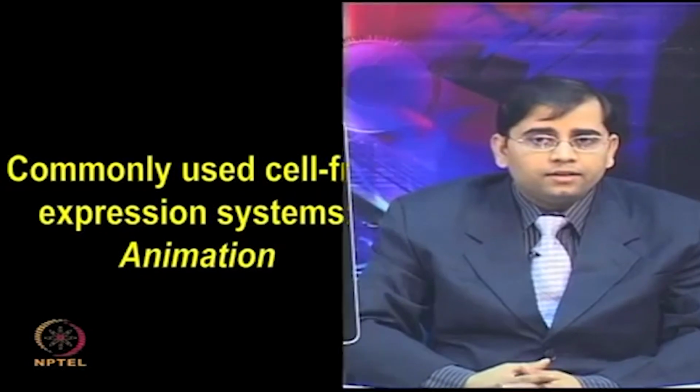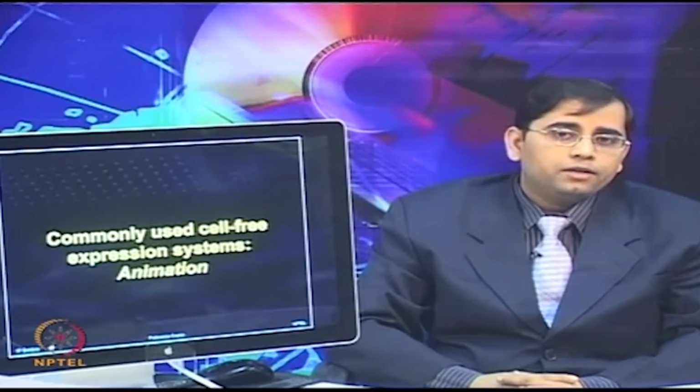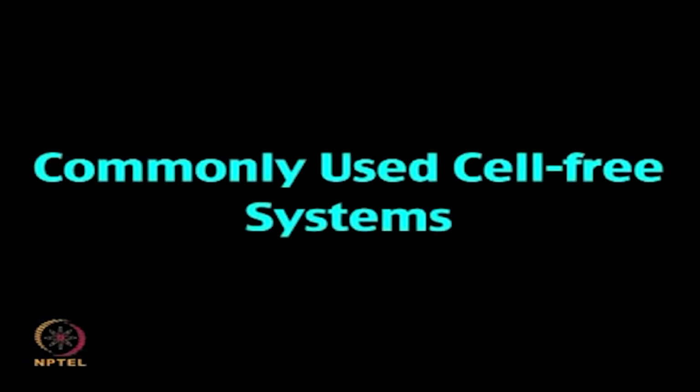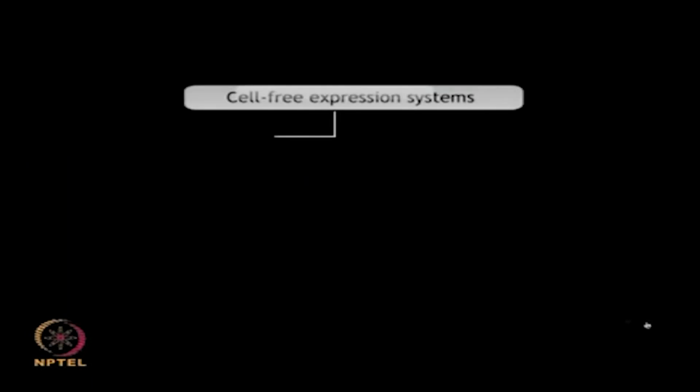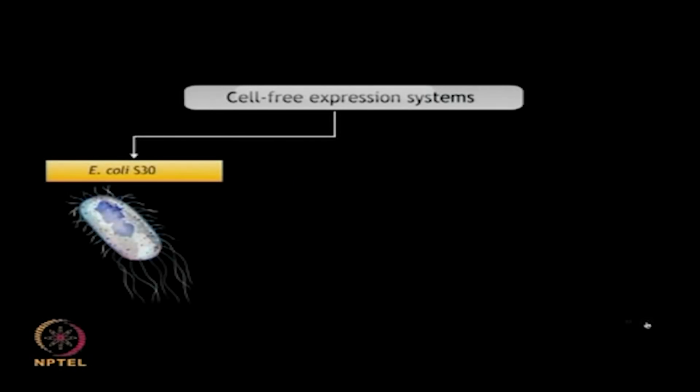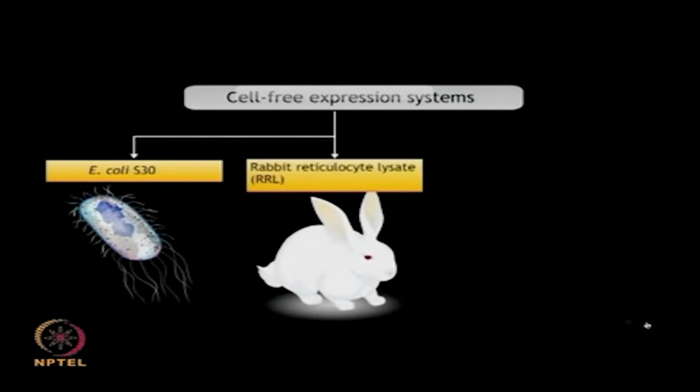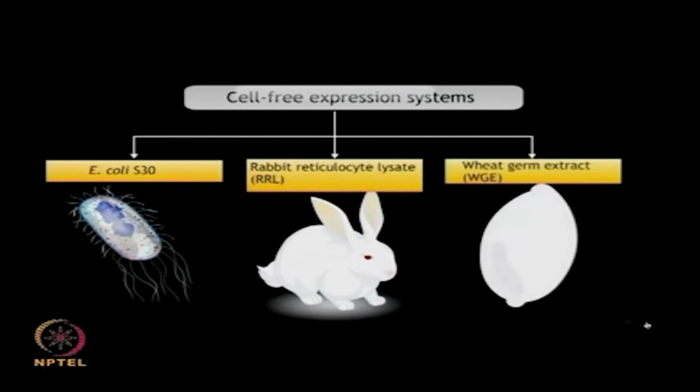So, let us discuss the commonly used cell-free expression systems. The commonly used cell-free expression systems include E. coli S30, rabbit reticulocyte lysate or RRL, and wheat germ extract WGE.